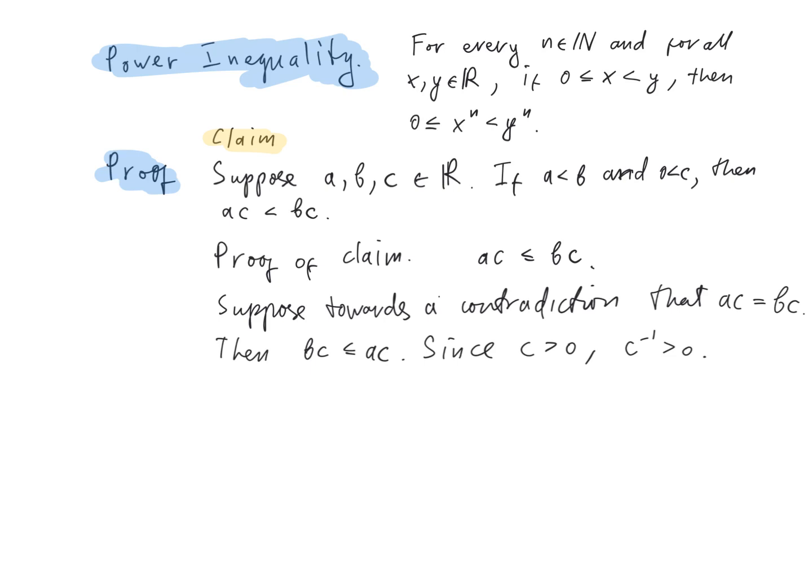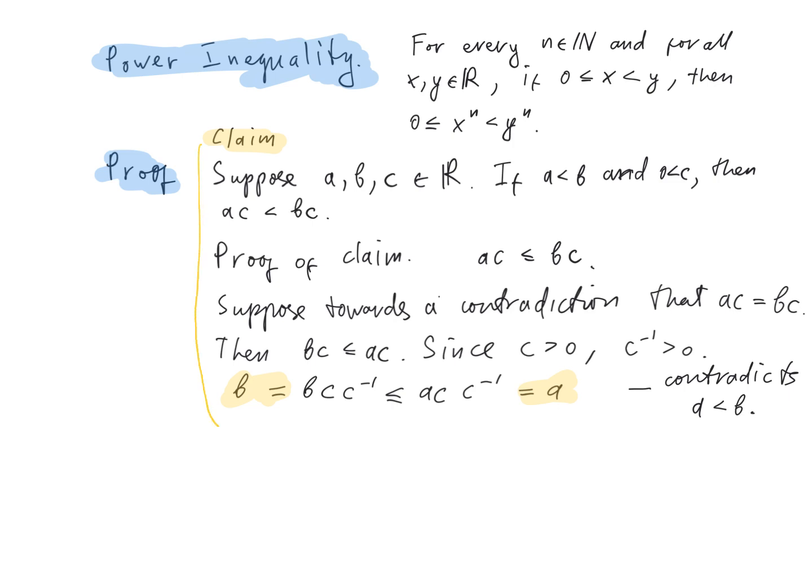So multiplying both sides of the inequality bc is less or equal than ac by the positive number c inverse, we obtain that b, which is equal to bc c inverse, is less or equal than ac c inverse, which in turn is equal to a. And so we get b is equal to a, which contradicts the assumption that a is strictly less than b.